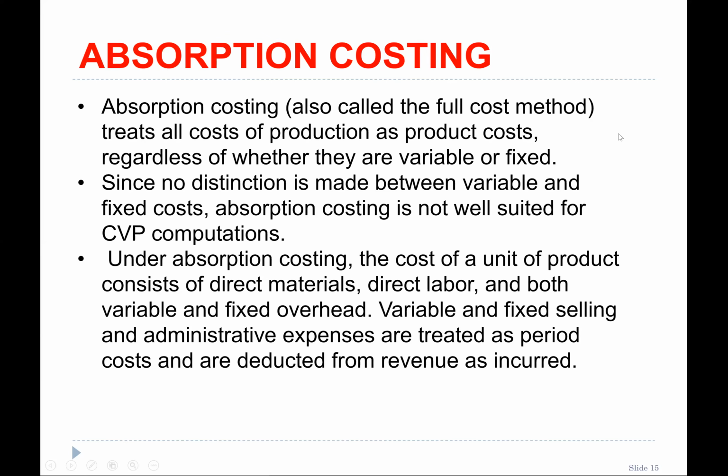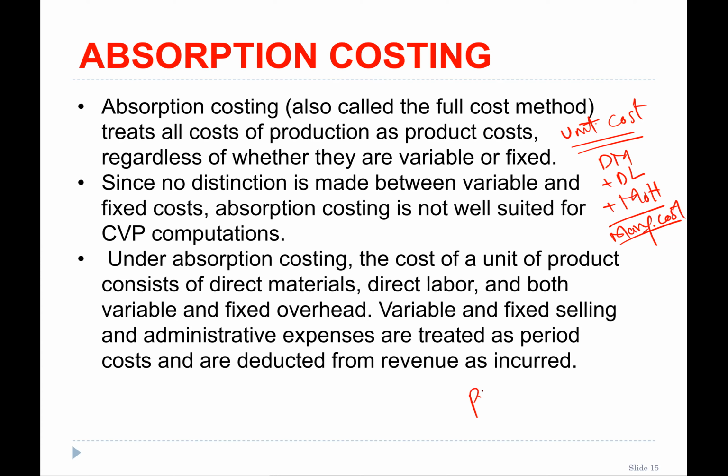Okay, so we were discussing that under absorption costing, unit cost would be equal to direct material plus direct labor plus manufacturing overhead, regardless of the segregation of variable and fixed costing. So that is called manufacturing cost, which is also called the unit cost.